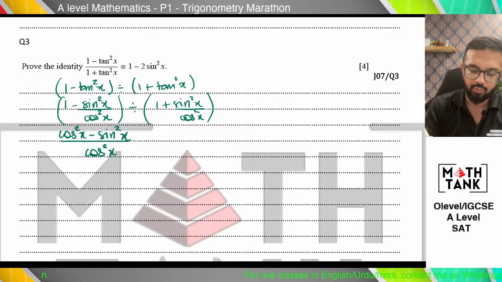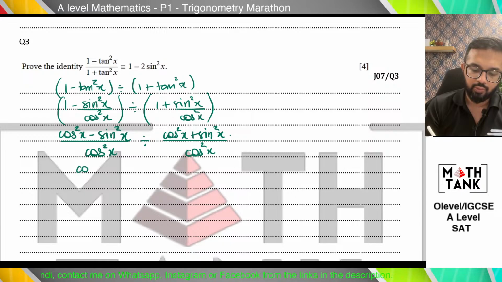I've taken a common denominator. There also I've taken a common denominator. So cos square x minus sine square x.